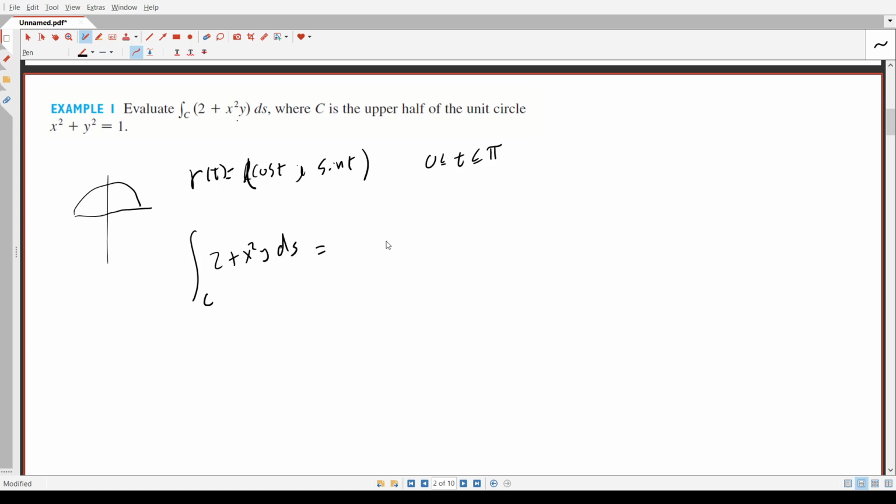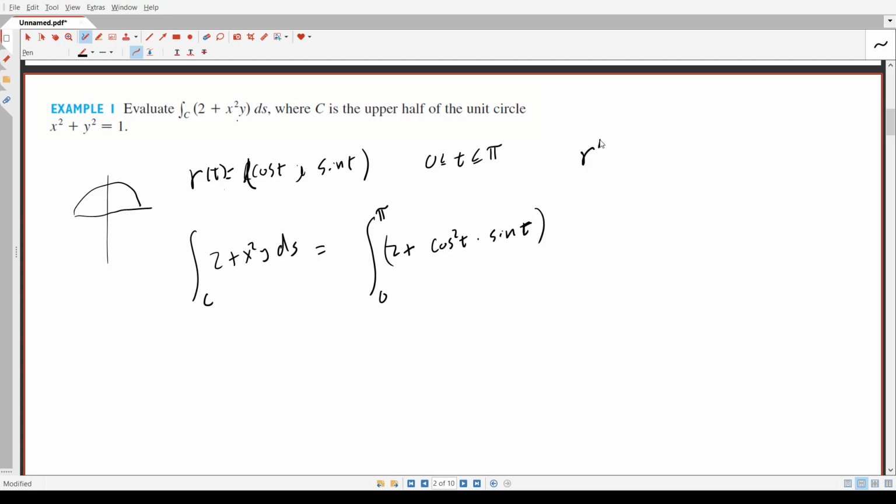So we know that this is going to be the integral from 0 to pi of 2 plus cosine squared t times sine t, multiplied by the norm of r prime.